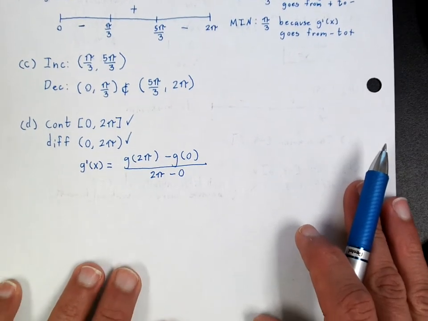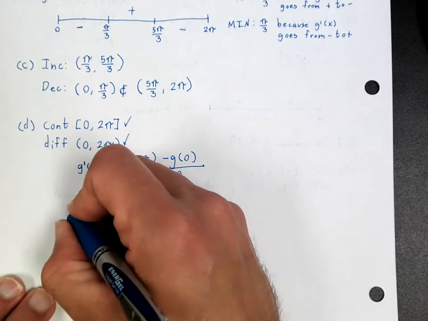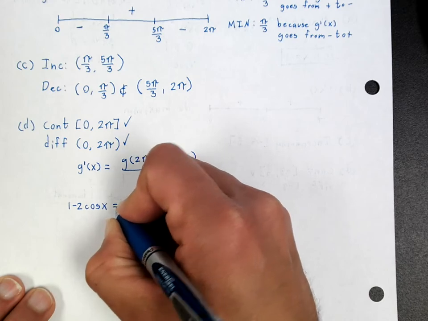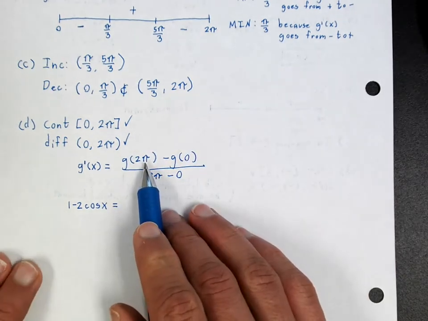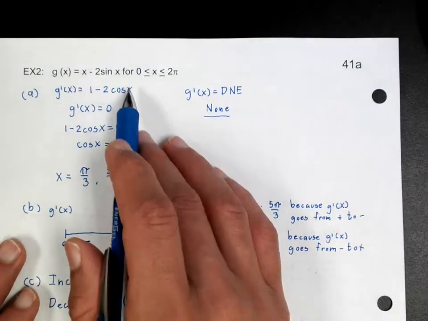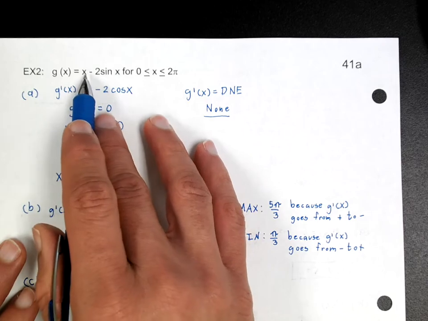Alright, so now what I'm going to do is I'm going to set the derivative, which I found on part A, I'm going to set that equal to, well, what is g of 2 pi? I'm sorry. G of 2 pi, I would have to plug in a 2 pi here and a 2 pi there.